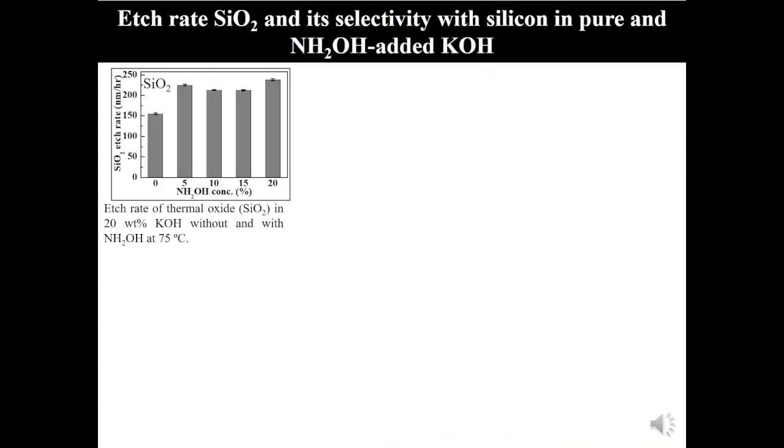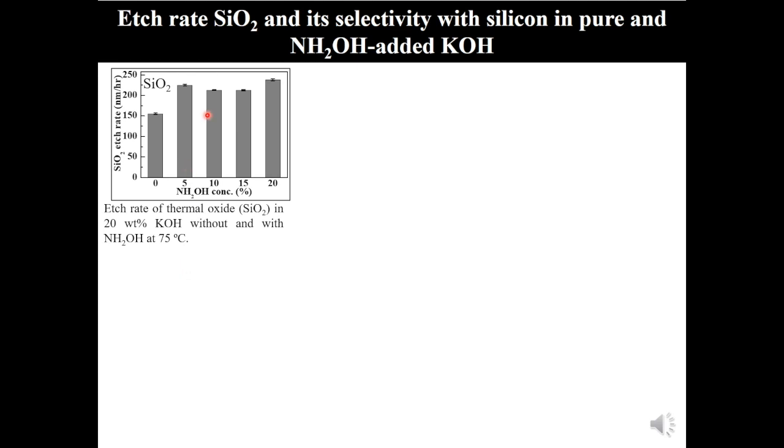And SiO2 is most widely used as a mask material as well as a structure layer. So the study of the etch rate of SiO2 in pure and surfactant NH2OH added KOH is very important. This figure shows the etch rate of silicon dioxide in pure and NH2OH added KOH.